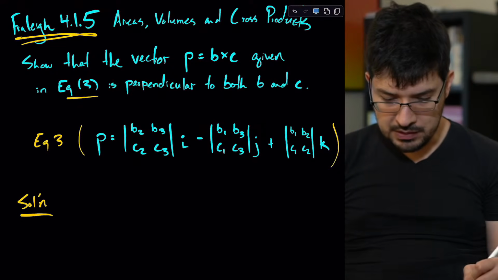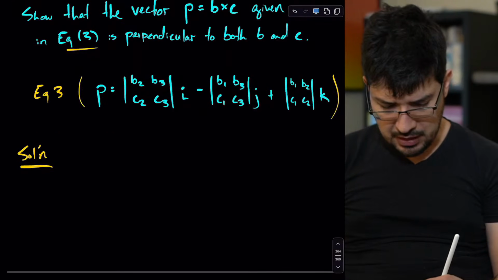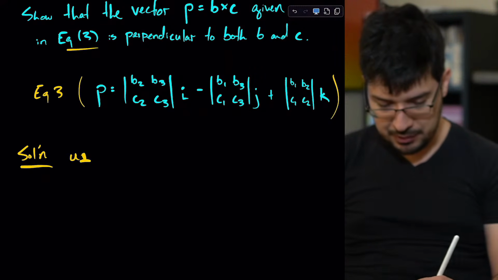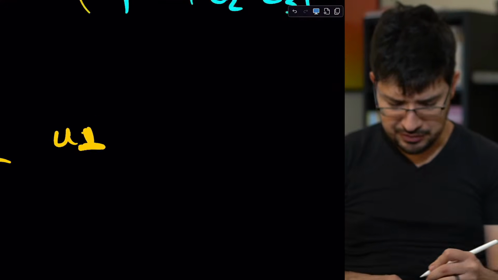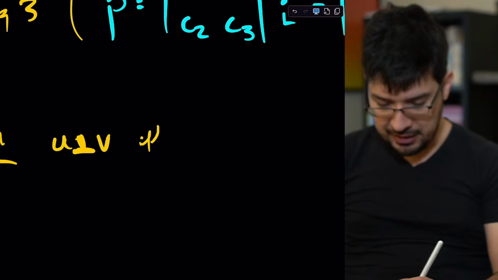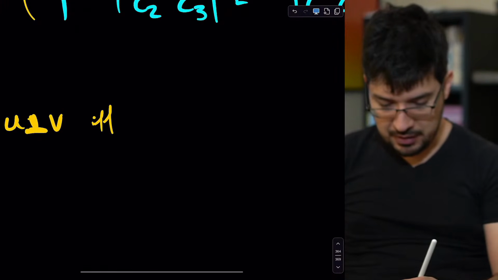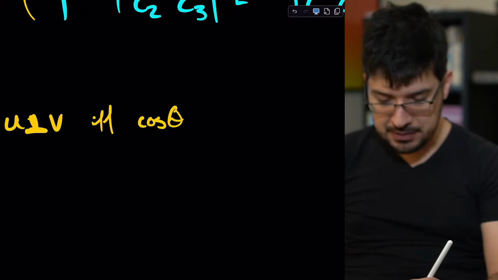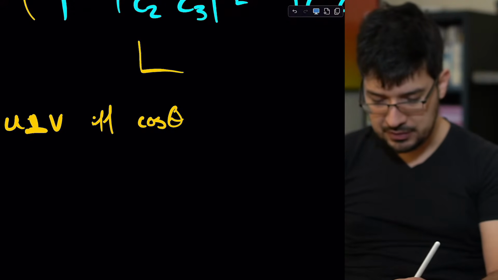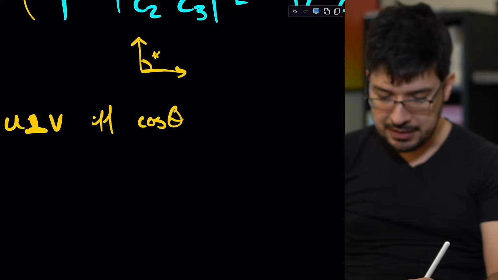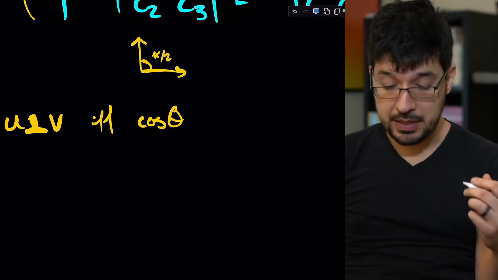So what does it mean for vectors u and v to be perpendicular? Here's a symbol that looks like two right angles. u is perpendicular to v if and only if the cosine... if two vectors are perpendicular, then the angle between them would be pi over 2 radians, right?